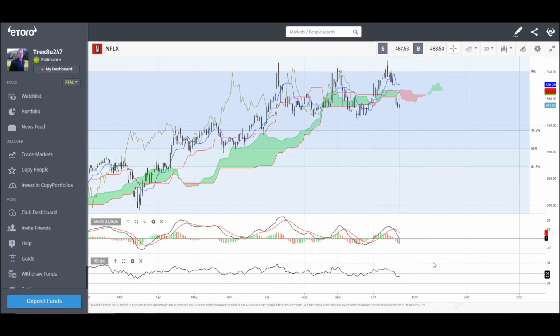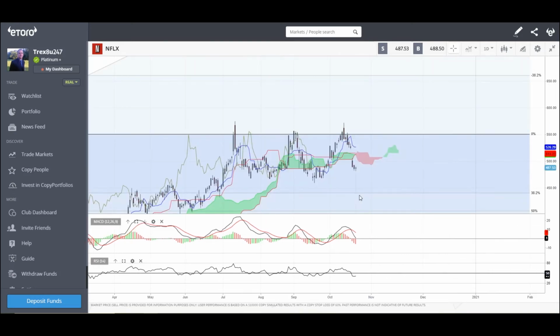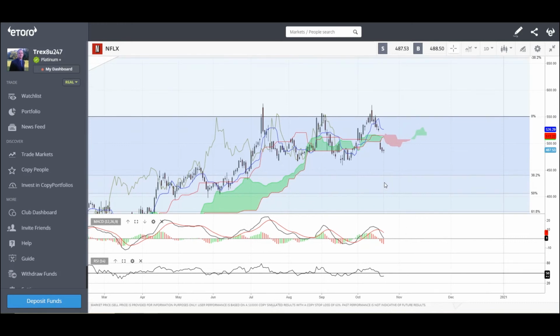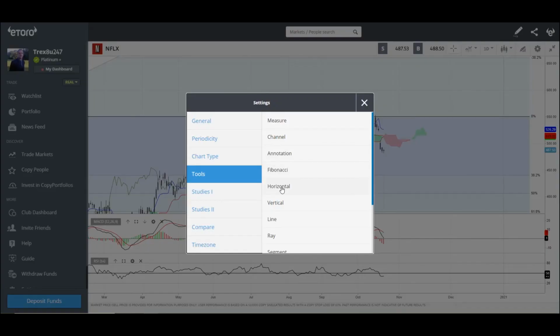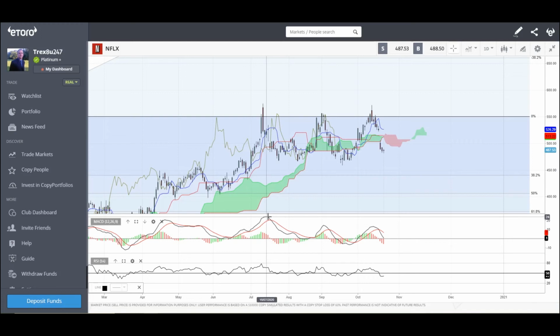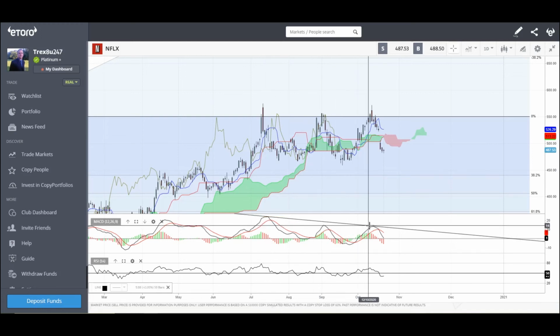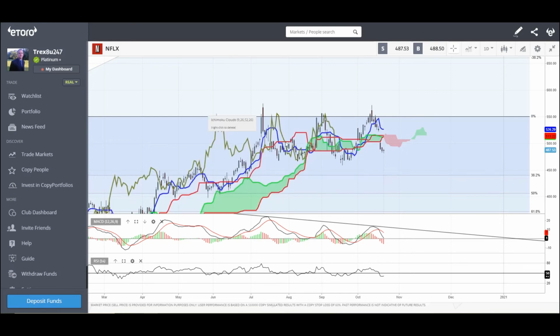Verifying that our RSI is slightly below average. As you can see, the MACD is slowly dropping, however the market seems to be fairly stable.